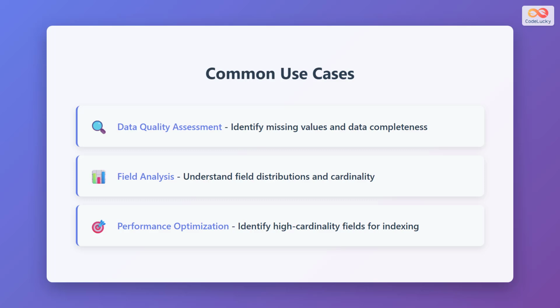Finally, for performance optimization, Field Summary helps identify high cardinality fields that might benefit from proper indexing strategies. High cardinality fields with many unique values can impact search performance, so knowing which fields fall into this category is crucial for optimizing your Splunk environment.